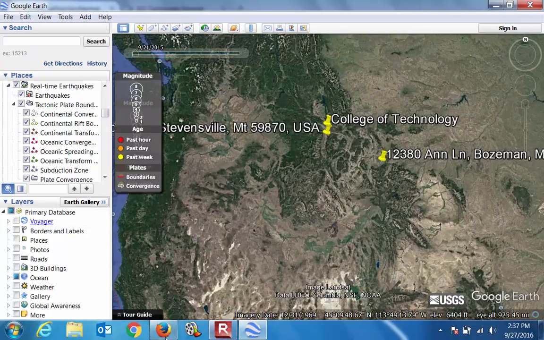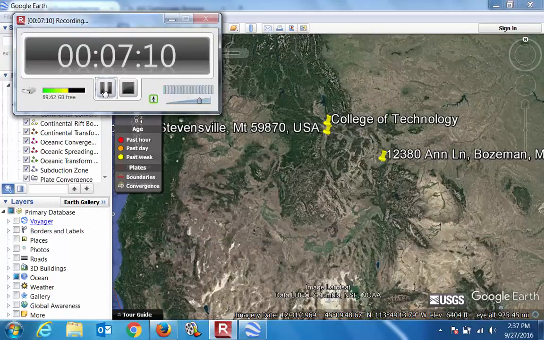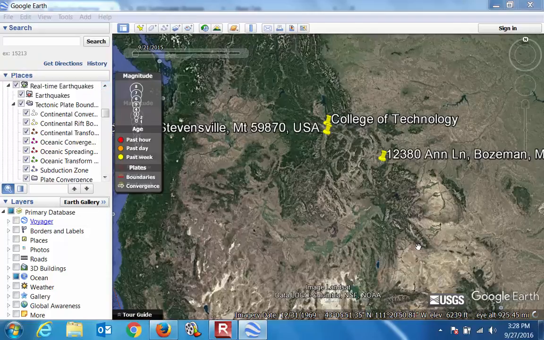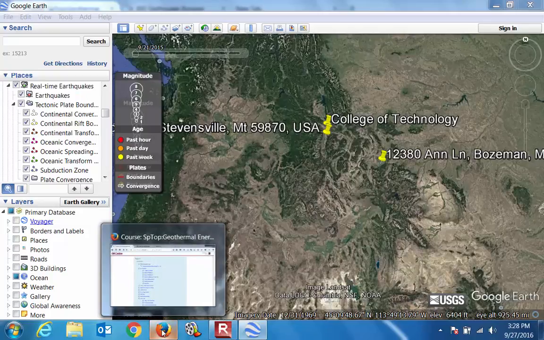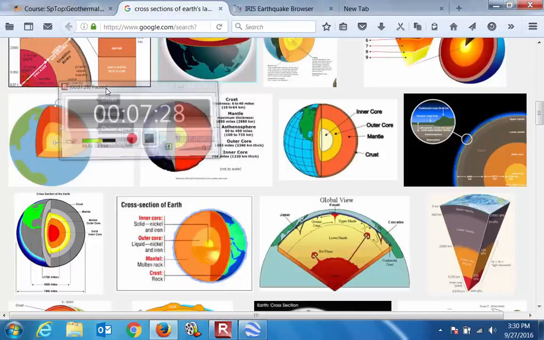The quickest place to go is Wikipedia. While we're here in Google Earth, you have a quick reference on your tectonic plate boundaries, as well as Wikipedia, which is a great place to come up to speed on that.